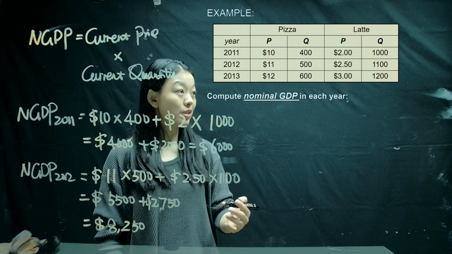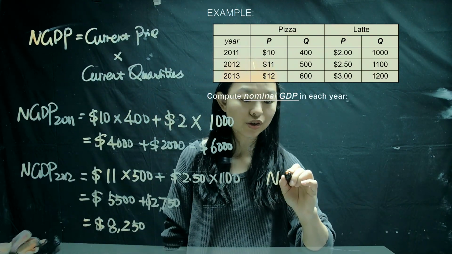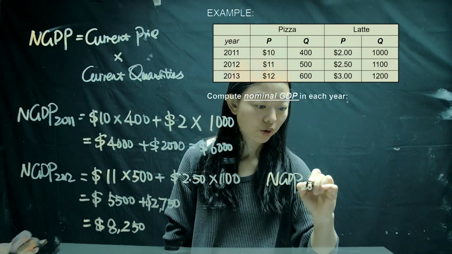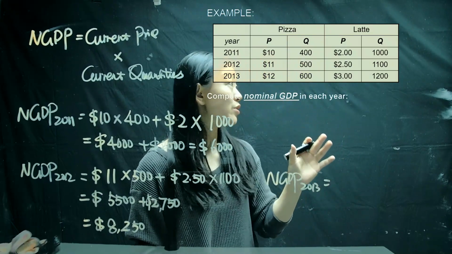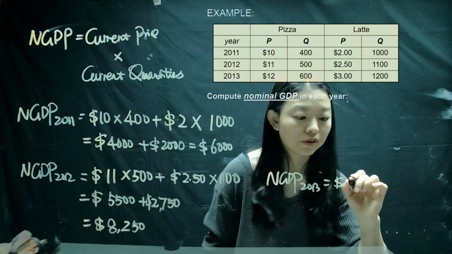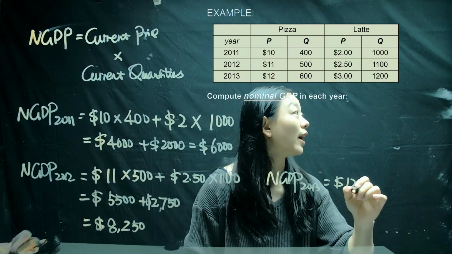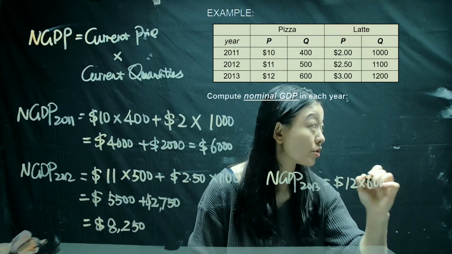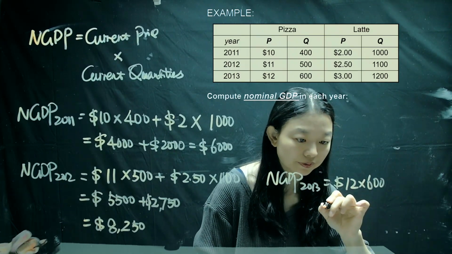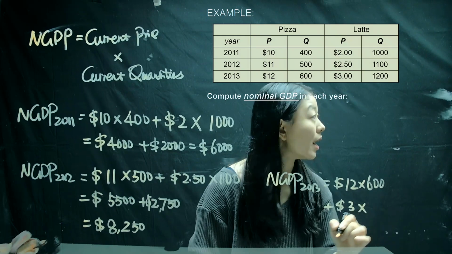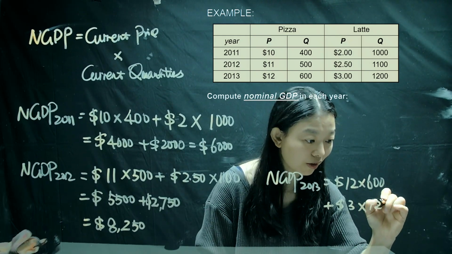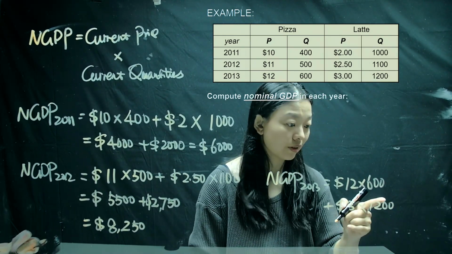Similarly, we can get the nominal GDP in 2013. We use the current price for pizza, $12, times the quantity, 600, plus the current price for latte, $3, times the current quantity, 1,200 units.